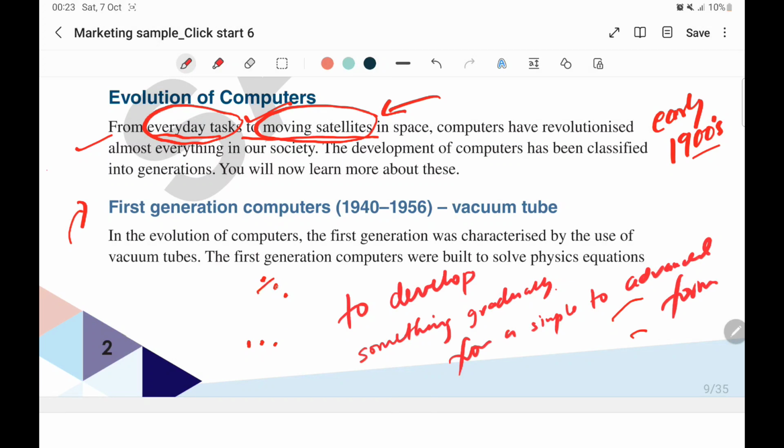So in many dimensions we can see that from normal everyday tasks to moving satellites in space, computers are revolutionary. They have revolutionized almost everything. From small to big things, computers are everywhere, doing different types of jobs. That's why it is compared: from everyday tasks to moving satellites in space, computers have revolutionized and changed everything in society.